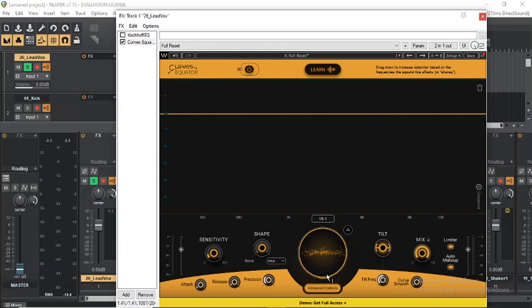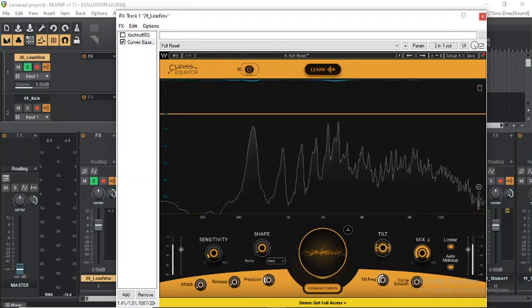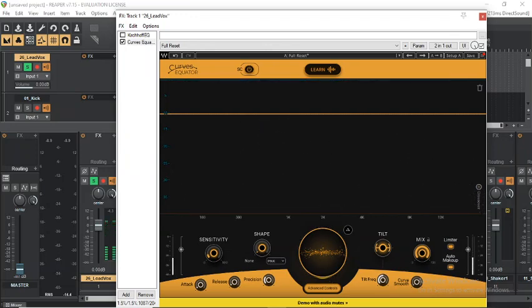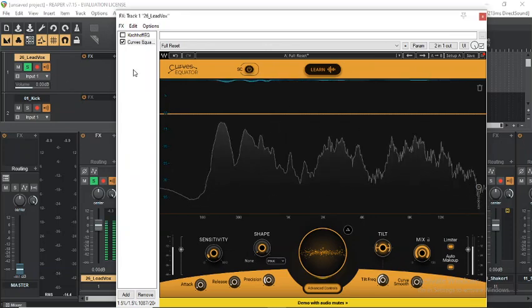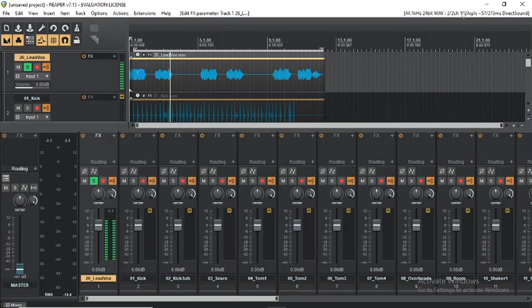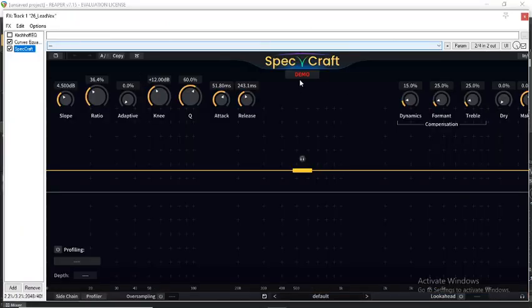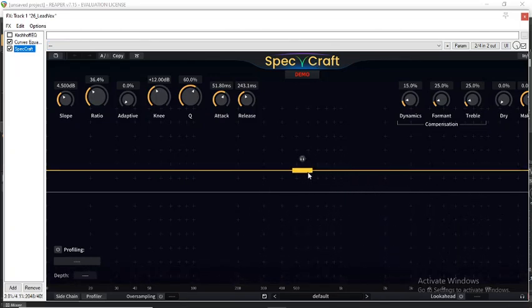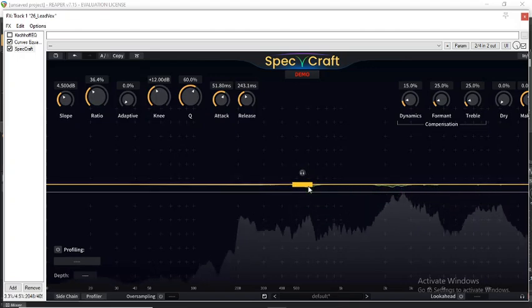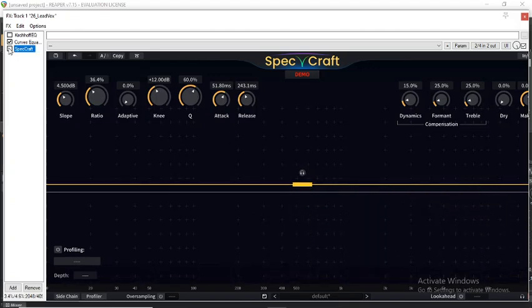And Speccraft, the thing with Speccraft is that Three Body Technology has a good reputation. That's why this is so renowned, and trust me, it's really good. I am looking for it to show you the SSL EQ 3.